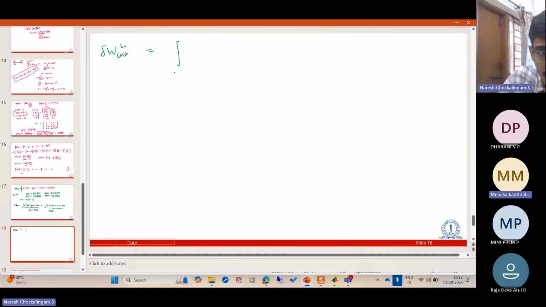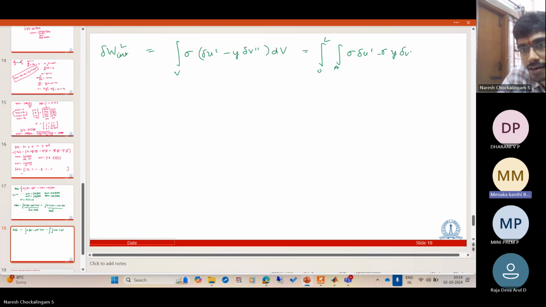Del w internal linear is what? It is the integral over the volume of sigma times del u prime minus y del v double prime, dV. Okay, so this dV I can do what I did earlier: 0 to L, integrate over the area, sigma del u prime minus y sigma y del v double prime.